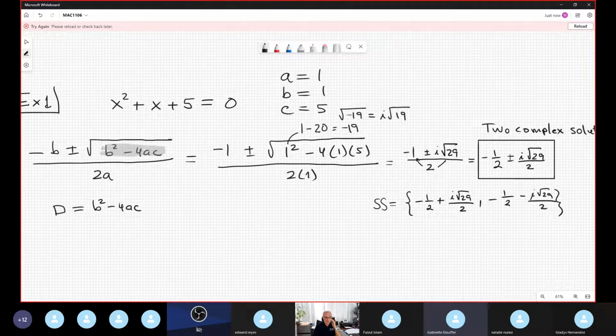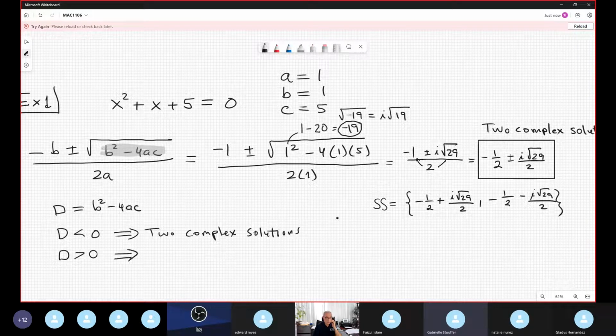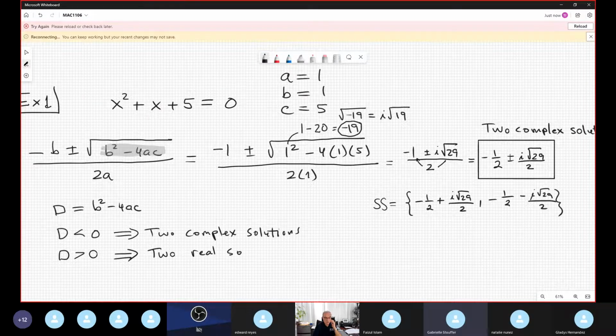Suppose the discriminant is a negative number, less than 0. In this case, the discriminant was negative 19. We expect two complex solutions. If the discriminant is positive, we expect two real solutions, maybe rational or irrational.